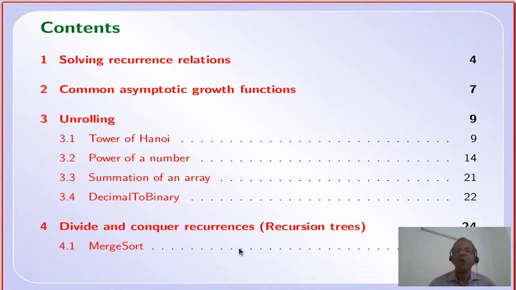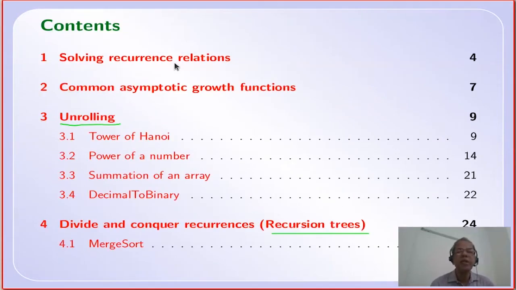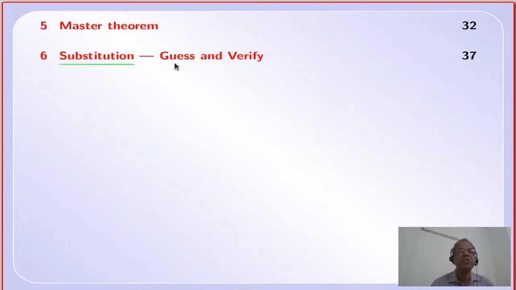They are: one is unrolling, another is recursion trees, and the third method is substitution. We need to be familiar with these 3 methods: unrolling, recursion trees, and substitution.